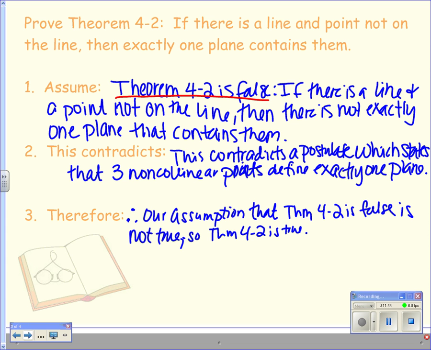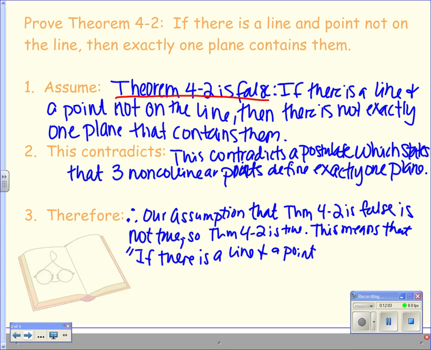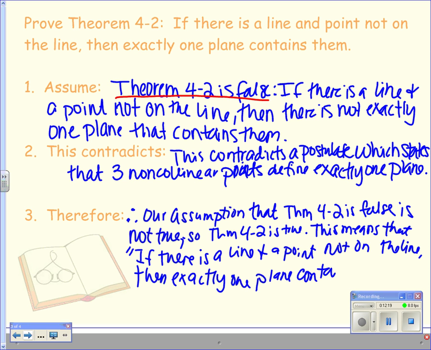Which means that if there is a line and a point not on the line, then the theorem has to be true.